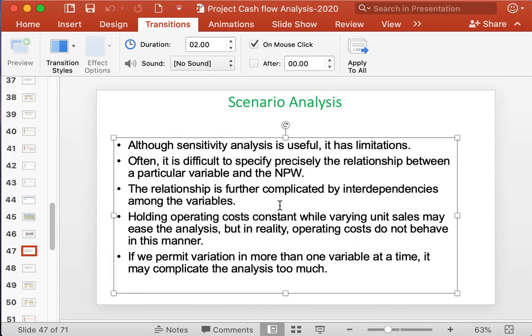By this, what I mean is that the effect of the key variables on the net present worth may not be each variable affecting net present worth independently. The net present worth might be affected by the interdependencies of various key variables.